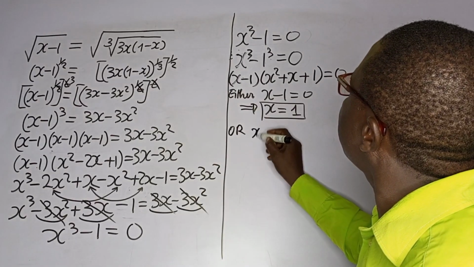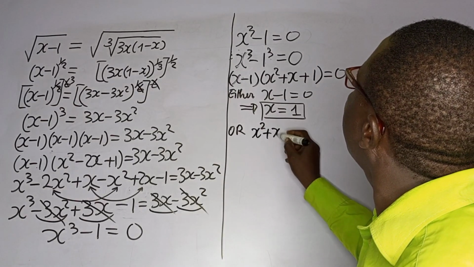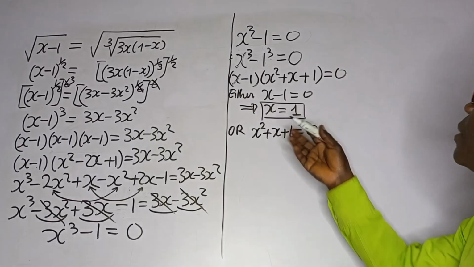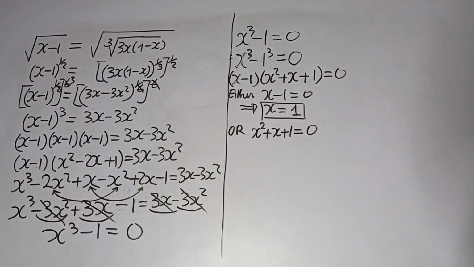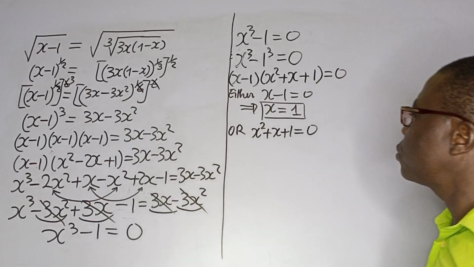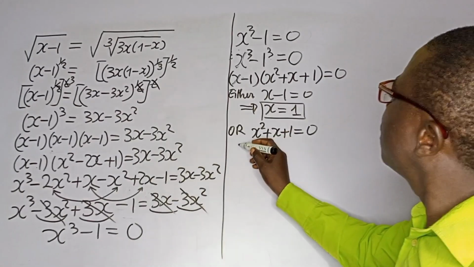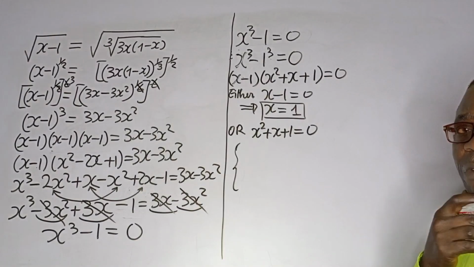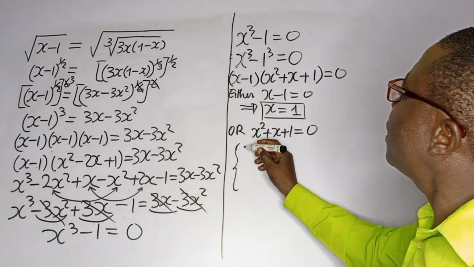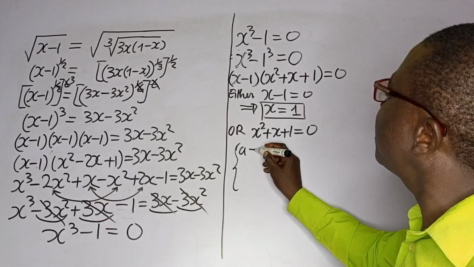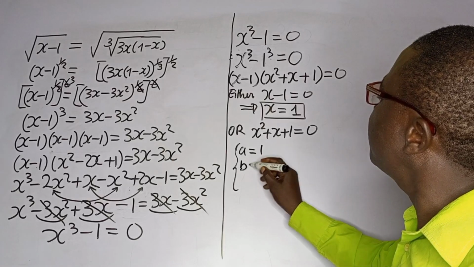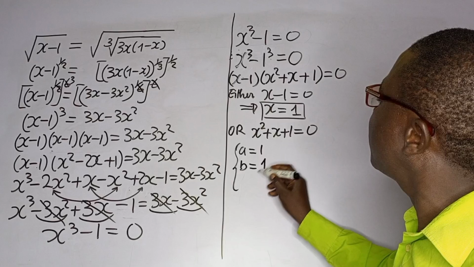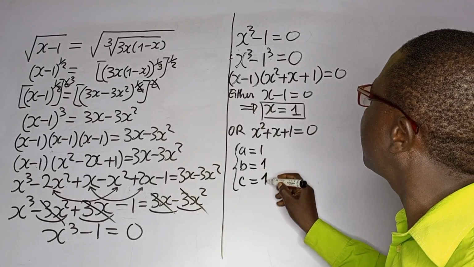Or the second expression, x squared plus x plus 1, is equal to 0. Here we have a quadratic equation, and every quadratic equation must give us 2 solutions. So to solve this quadratic equation, we should collect our coefficients carefully. The x squared coefficient is 1, the x term coefficient is 1, and the constant is 1.